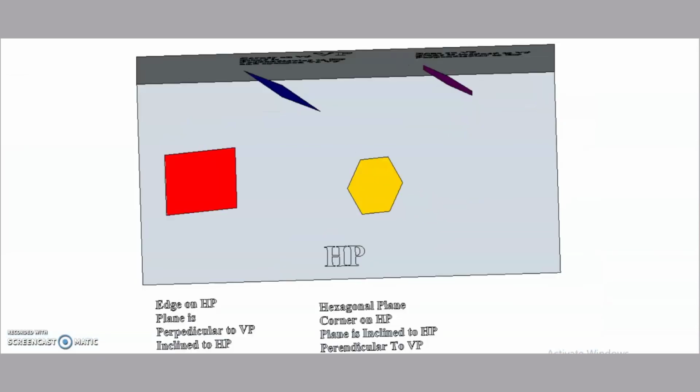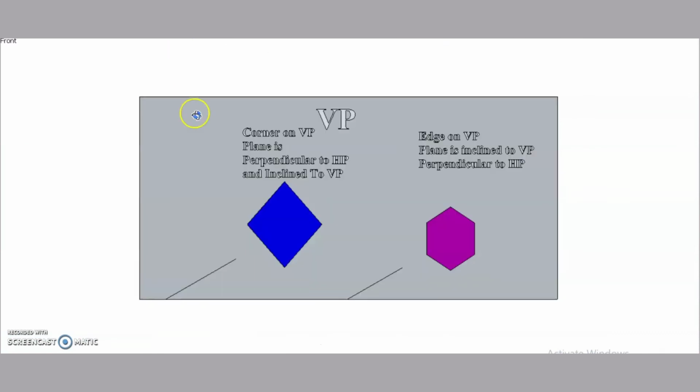So if we consider all these four cases, first observe the front view. This is a rectangular plane which is inclined to HP and perpendicular to VP. This is a square plane which is inclined to VP and perpendicular to HP.